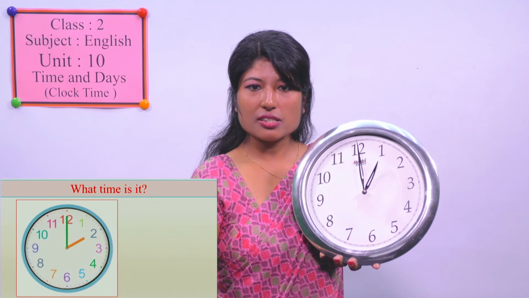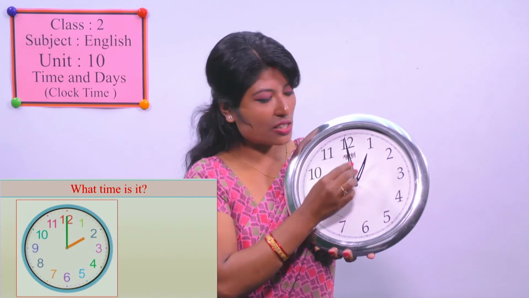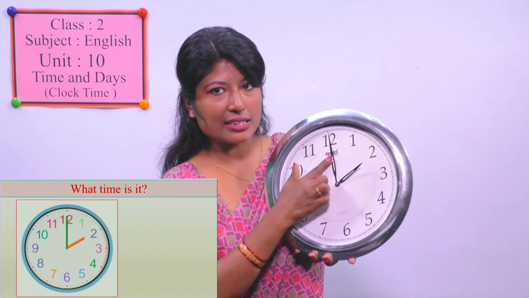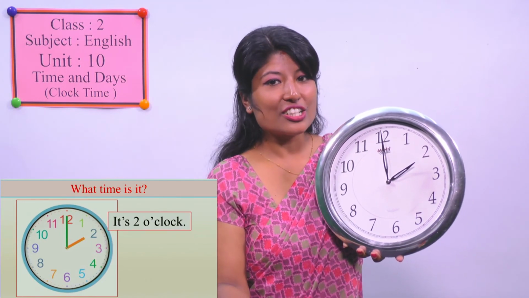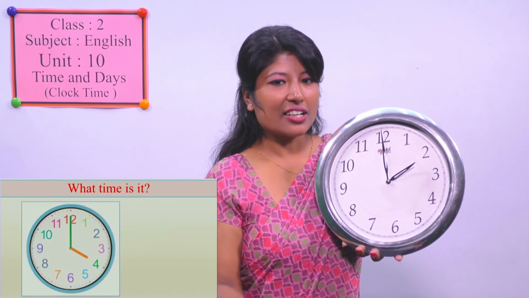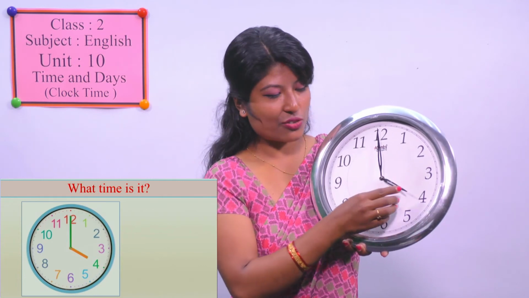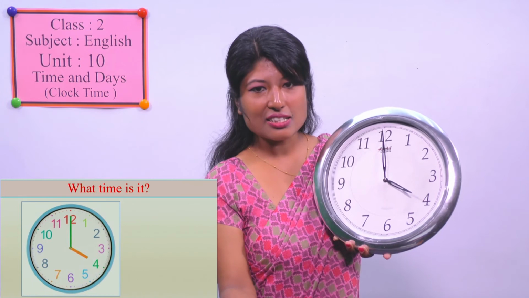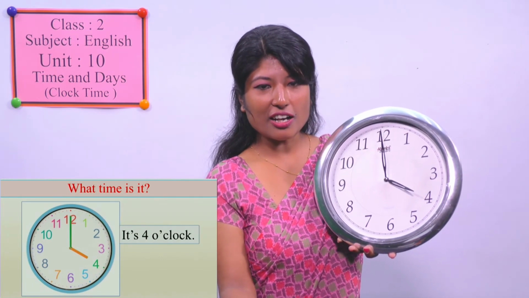If it shows 2 and 12, it is 2 o'clock, obviously. Similarly, what is this? 3 is missed, direct 4. So this is 4 o'clock.